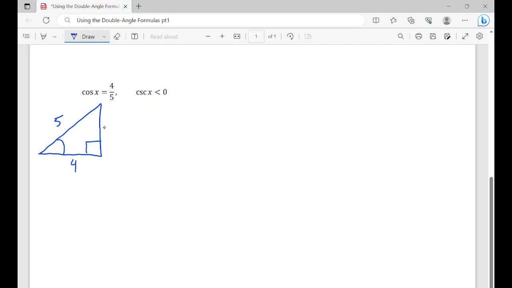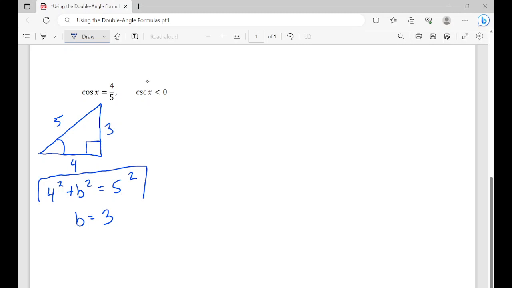And I just use Pythagorean theorem to get the opposite side, so 4 squared plus b squared equals 5 squared. And when I solve for b, I'm going to end up just getting 3. So there's my opposite.